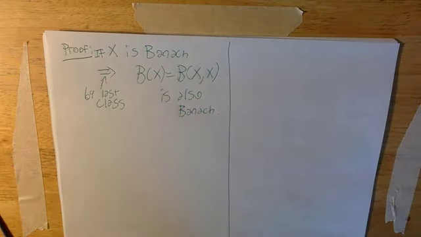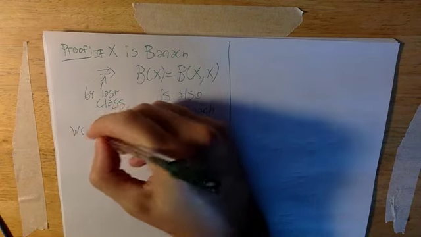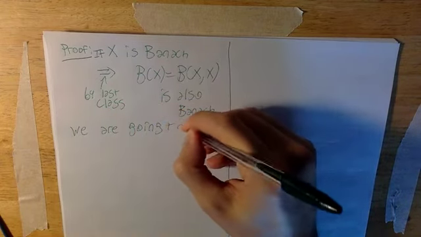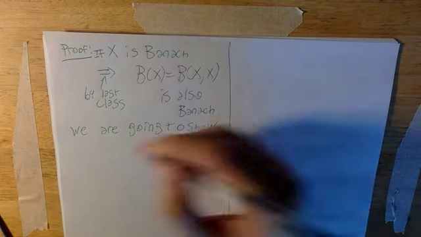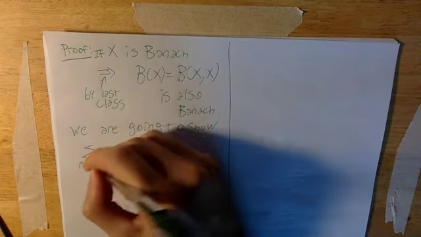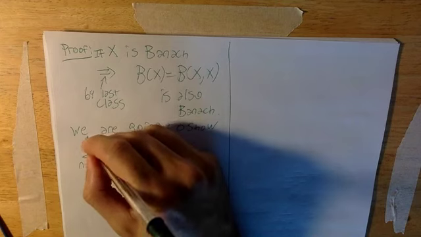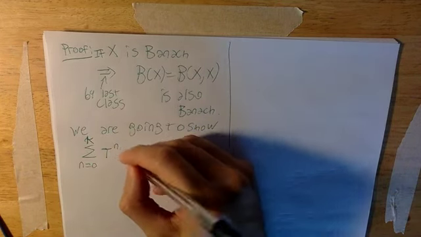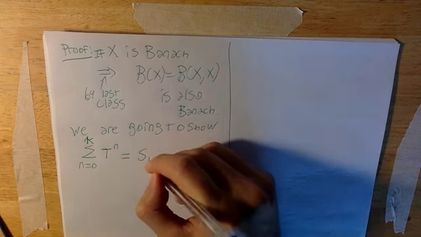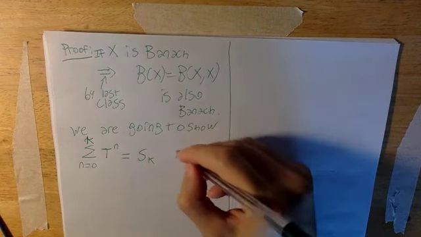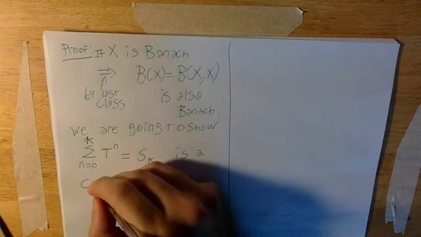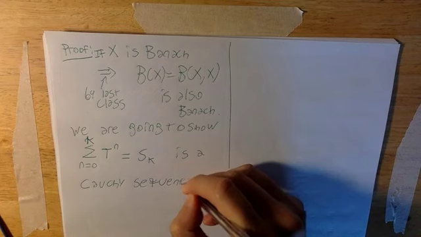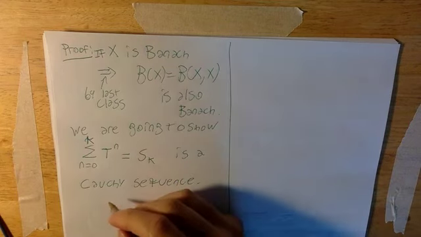What we are going to show is that the sum from n equals 0 up to k of T to the n, which we are going to call S_k, is a Cauchy sequence.